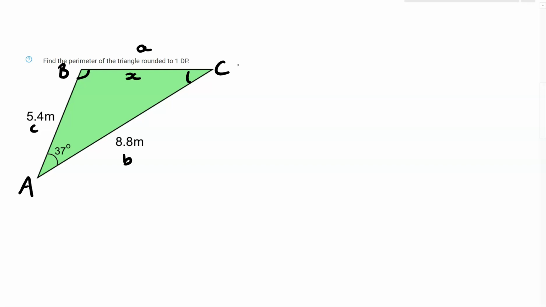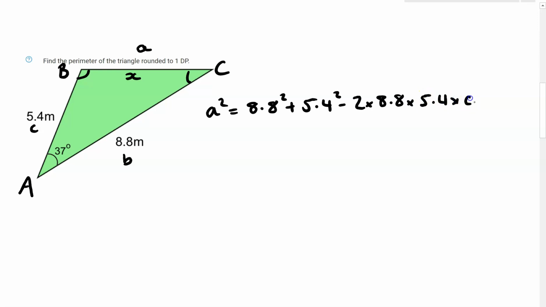Okay, subbing into the formula. So a squared is b squared, which is 8.8, plus c squared minus 2 times b times c times cos capital A is 37.